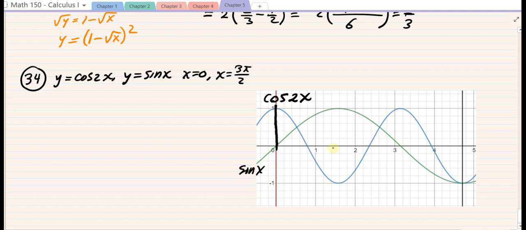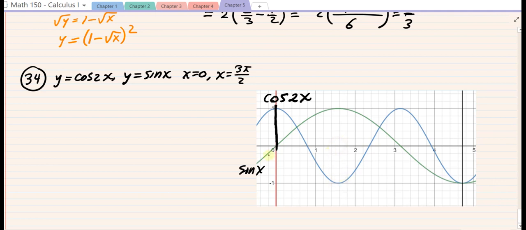Now the low point is at pi over 2, actually, that's at... sorry, that's not pi over 2.